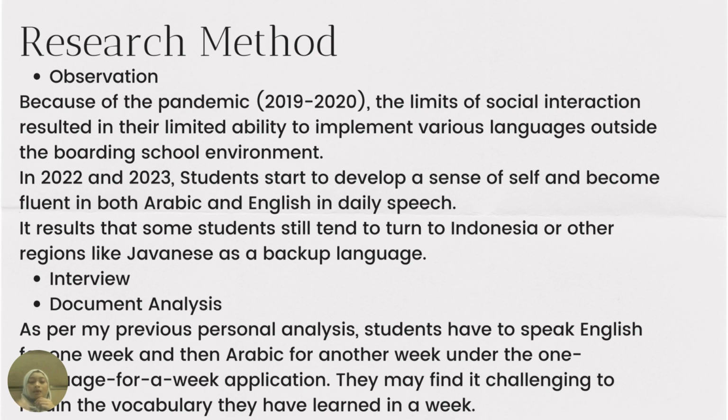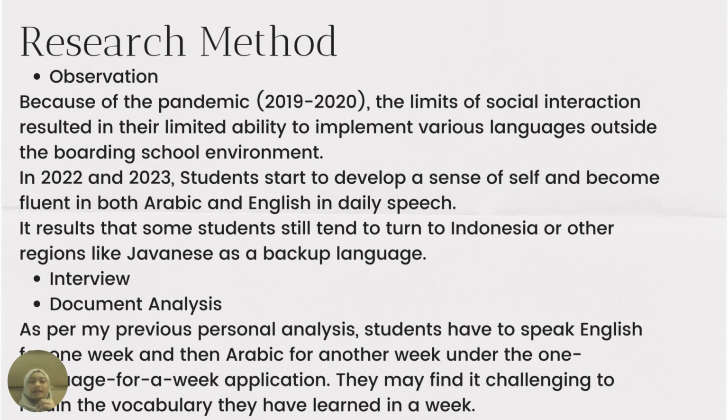Because in Mamba Uswalihin Boarding School, the implementation of multilingualism uses Arabic, English, and Indonesian as a help for them. So Indonesian is only for help to recall and say what is hard for students.